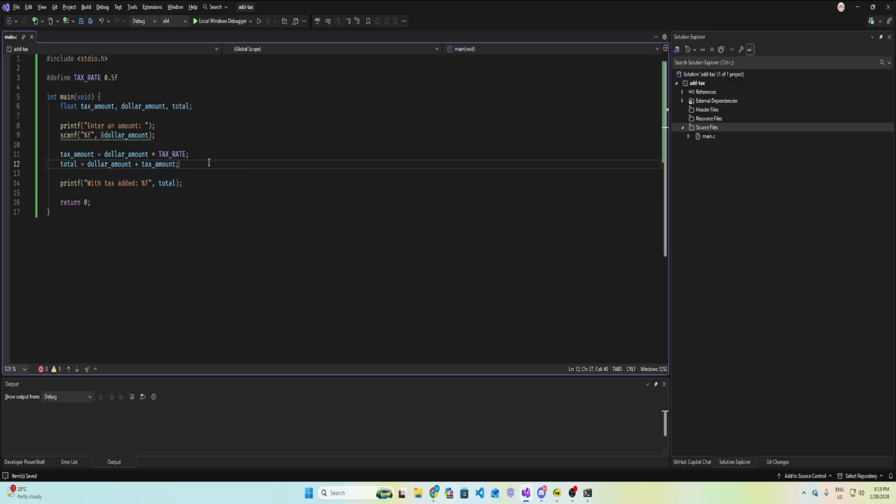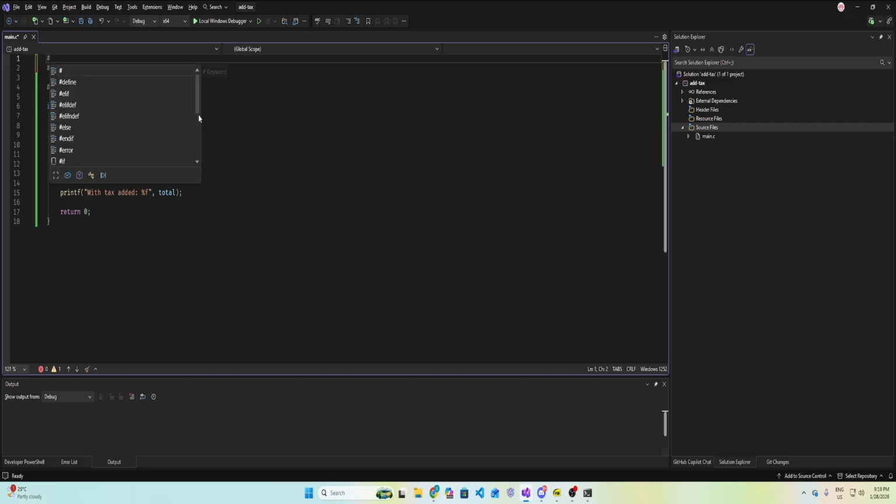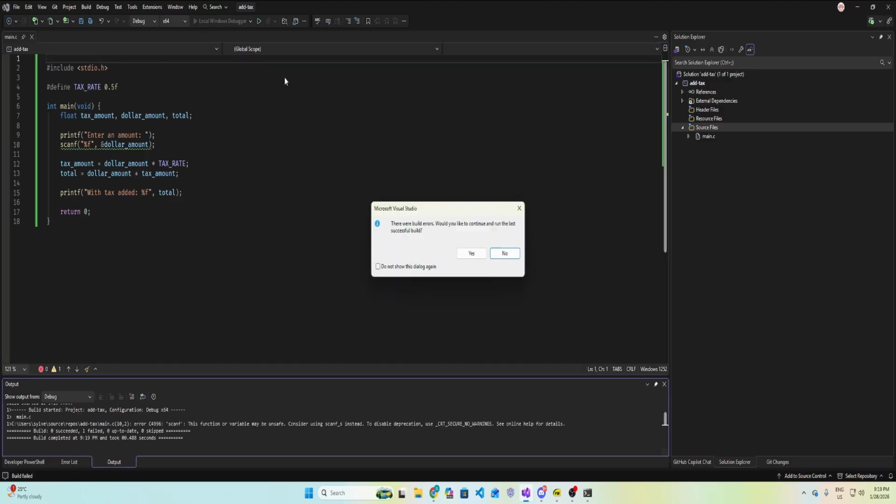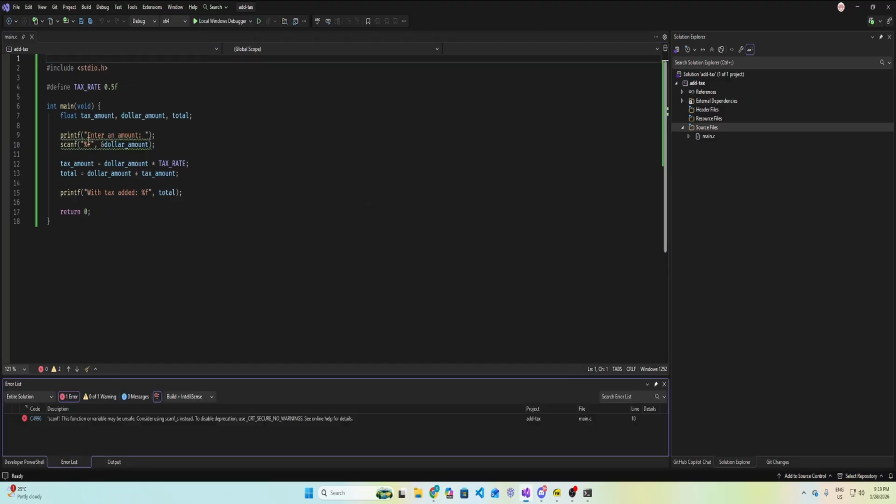Okay, so let's see now. I need that other define again. And I think I already forgot it. Underscore CRT. I forgot it, I'm not going to lie. Secure no warnings, damn it.